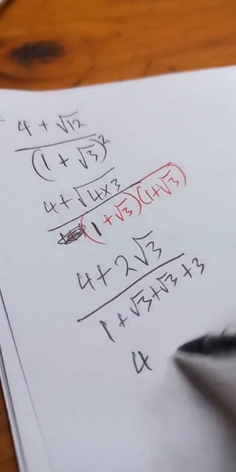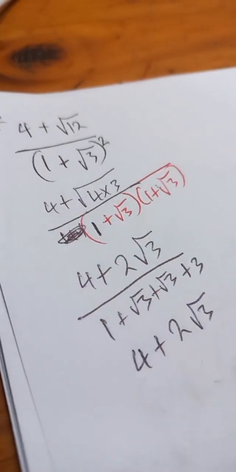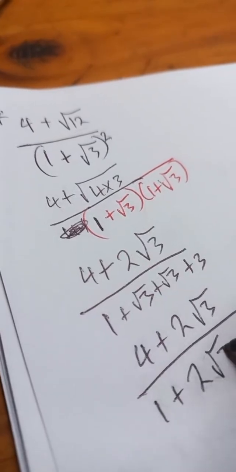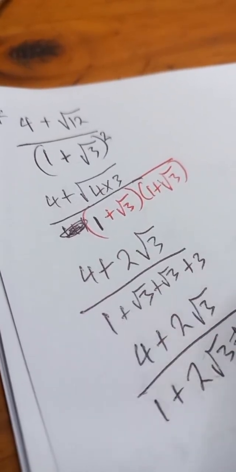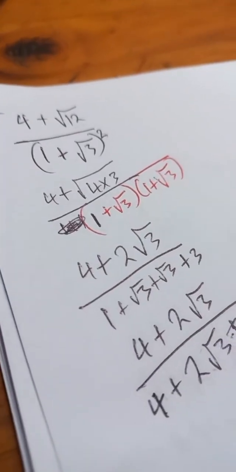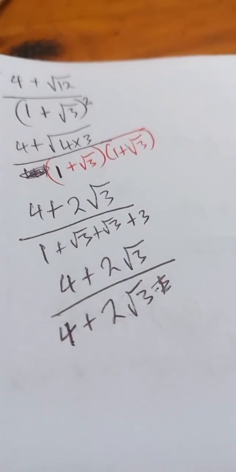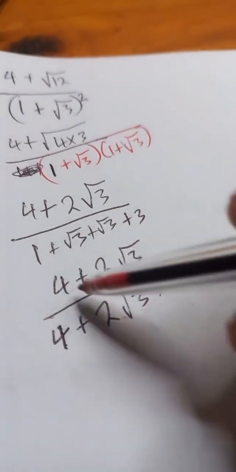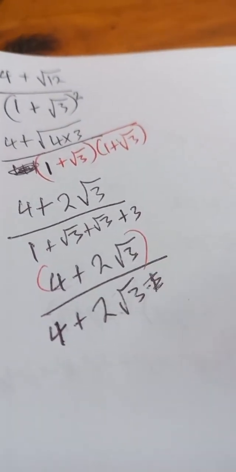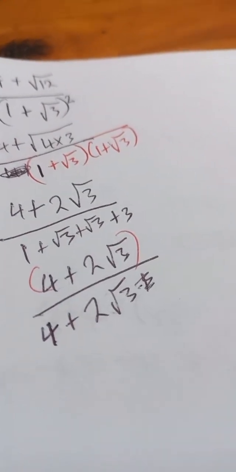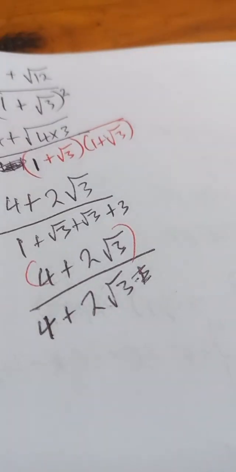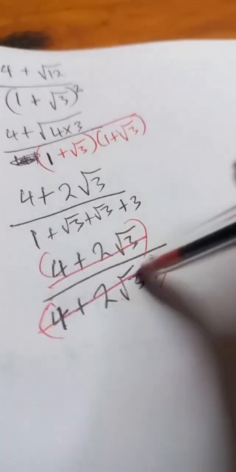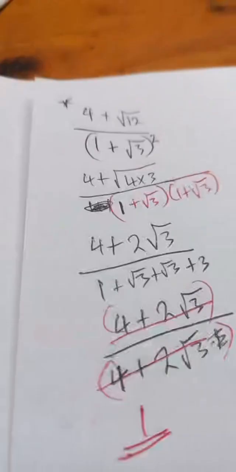So we have 4 plus 2 square root of 3 over 1 plus 2 square root of 3, literally 1 plus 1 plus 3 plus 3, which is 4 at the bottom. If you check what we have on top, it's the same with what you have at the bottom. Right? So if it is the same, the answer is 1.